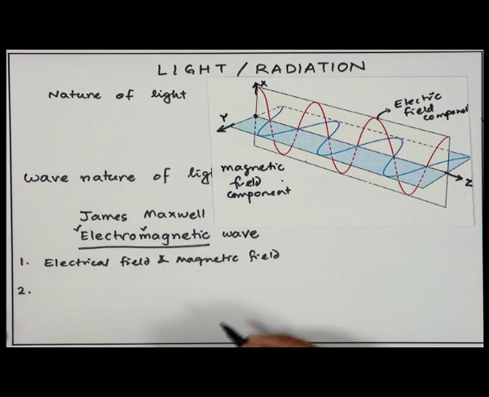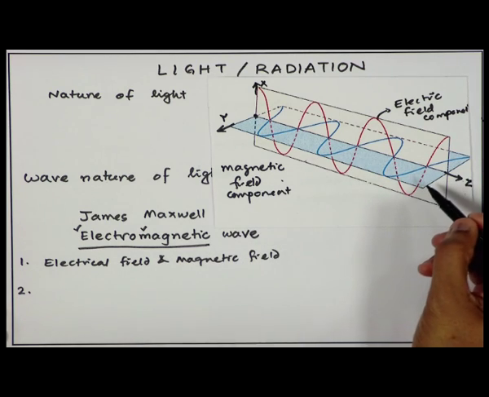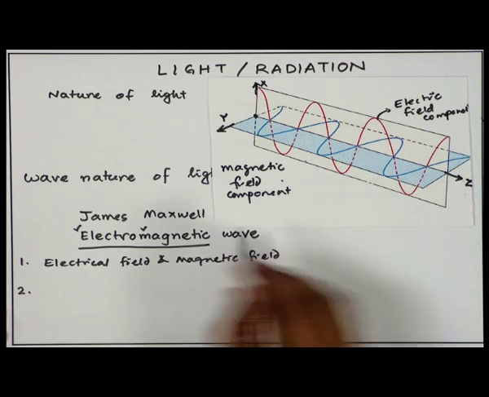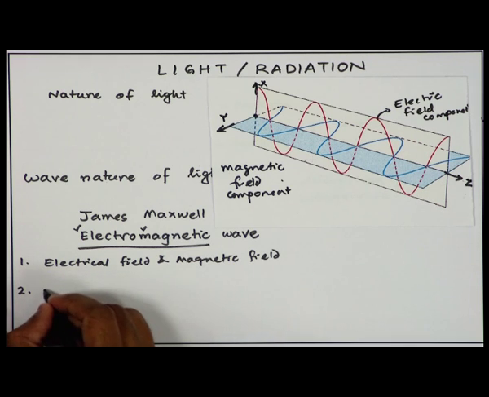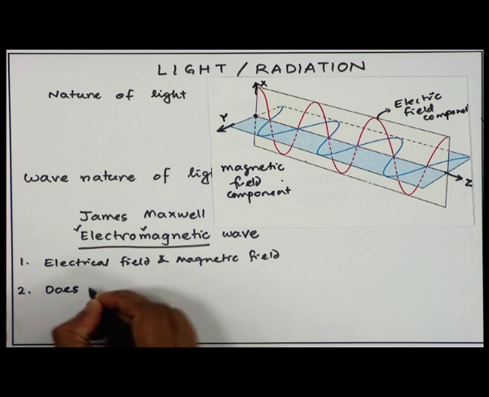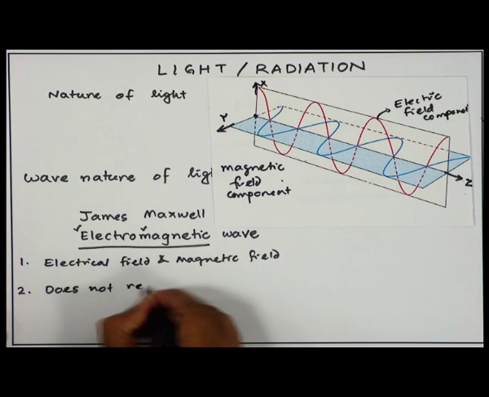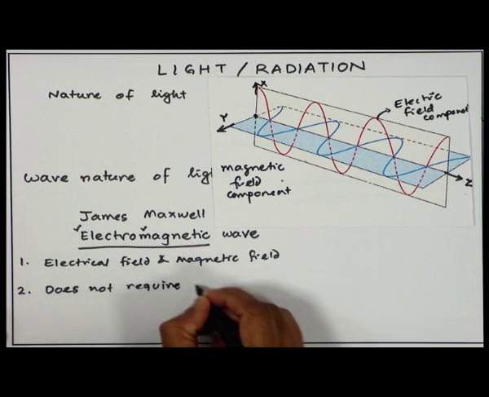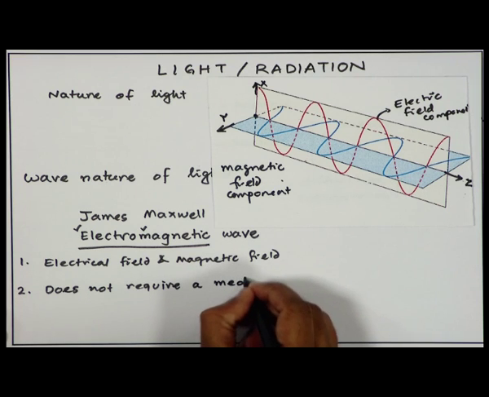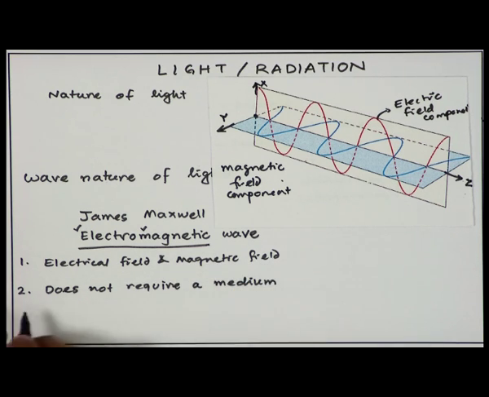The other electromagnetic property that we would appreciate is that electromagnetic radiation, or electromagnetic wave, to be propagated, does not require a medium. What does that mean? It means it can be propagated, it can move in vacuum. This is unlike any other wave.